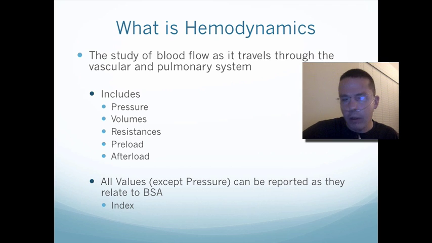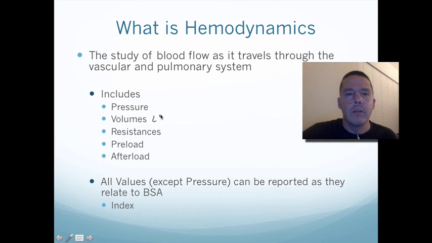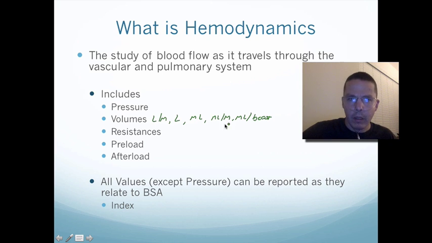A lot of the time, the volume is in liters per minute. It can also be just in liters, in milliliters, in milliliters per minute, or in milliliters per beat, depending on what we're looking at.